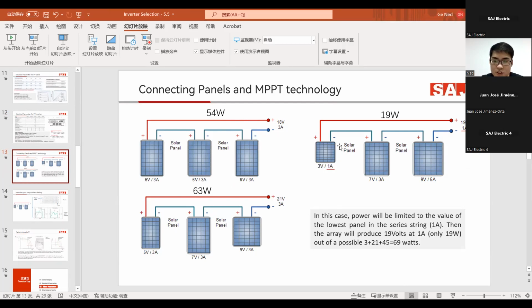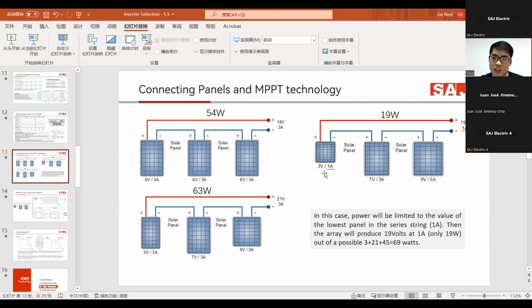But if you series connect the panels, the current will be limited to the lowest panel's power generation. For example, here the series connected current is only 1 ampere, for the lowest ampere.